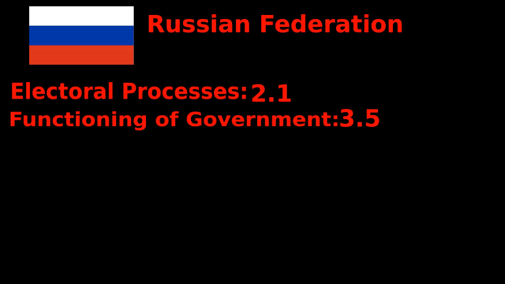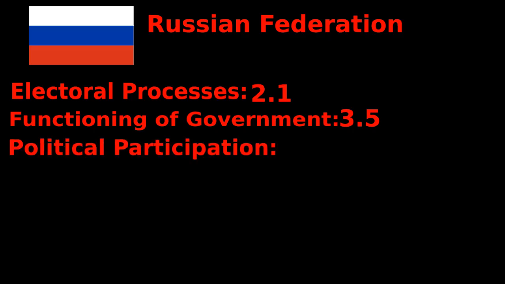relatively stable. Now, political participation, in which I am scoring a 2, because citizens residing in the Federation are capable of voting and electing members of the Duma and the presidency, and voter turnout is reasonable for a country still developing since the collapse of its predecessor, the Union of Soviet Socialist Republics.